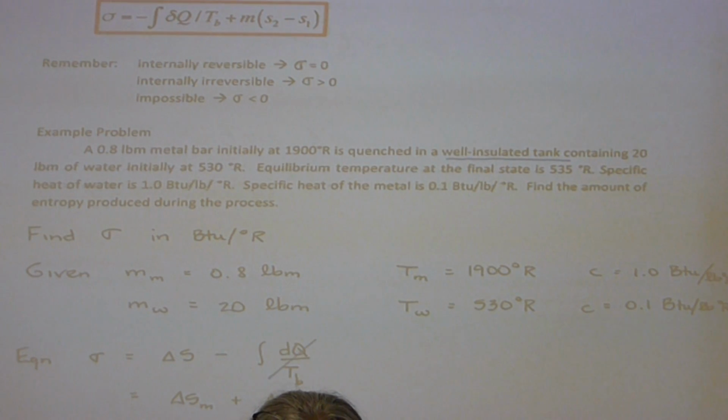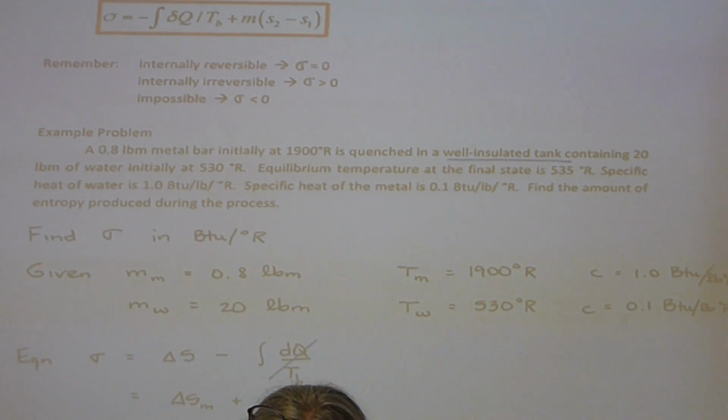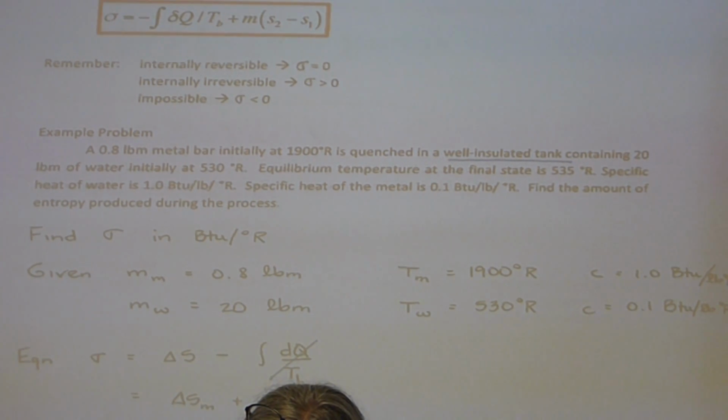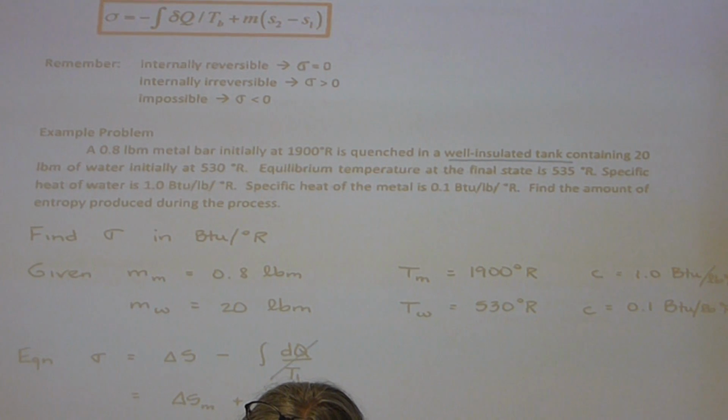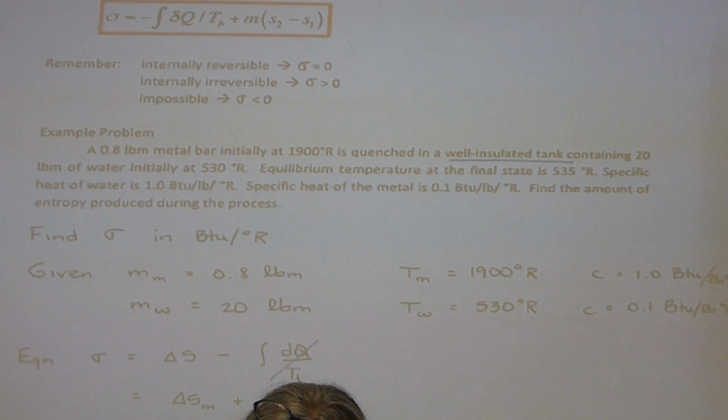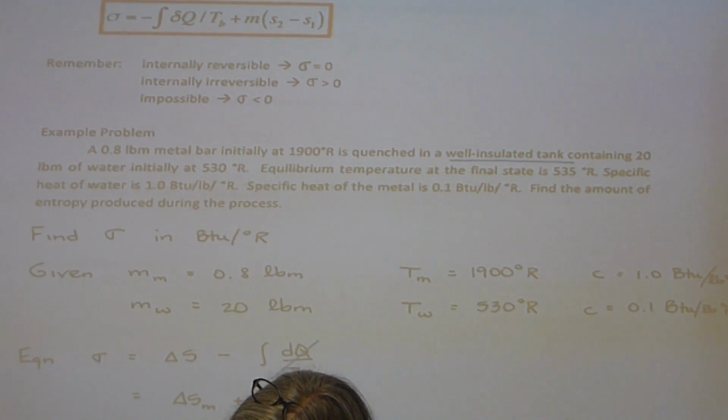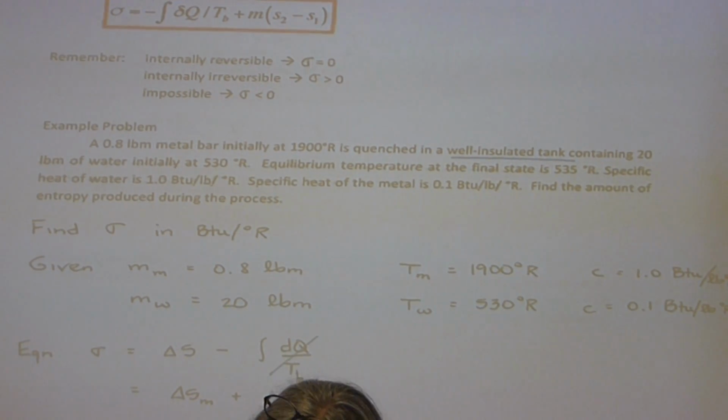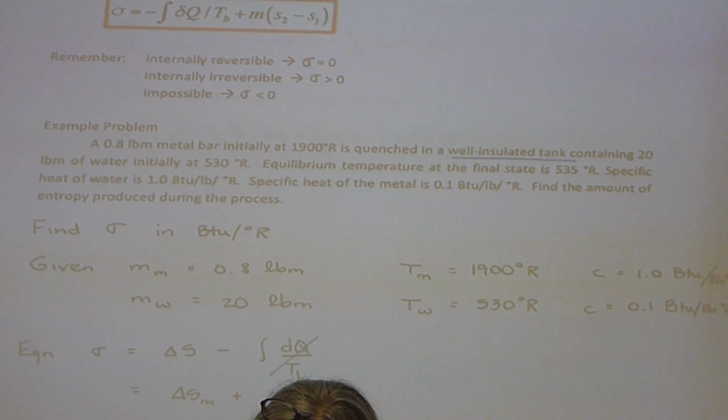Then we add to that 20 pounds of water times its specific heat times ln of that temperature ratio. Again, 535 is the ending temperature divided by where we started, 530. Adding all of that up, we get 0.0864 BTU per degree R.